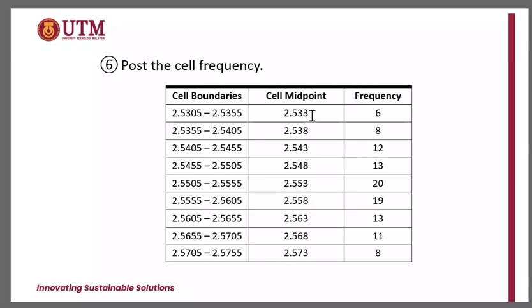Third plus 0.005, you can get the fourth, and so on for the whole other numbers in the classes that you have. And this is the frequency for the class. How many numbers in the data set do we have that fall between these two numbers? We have 6 numbers, and here we have 8, and so on for the other classes.